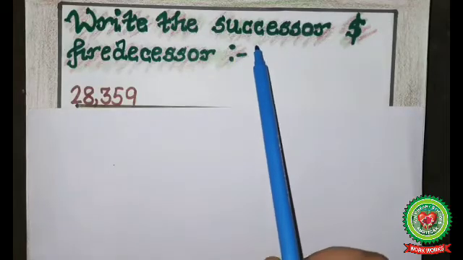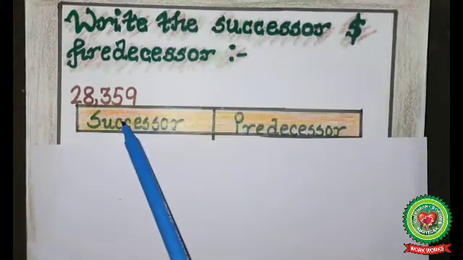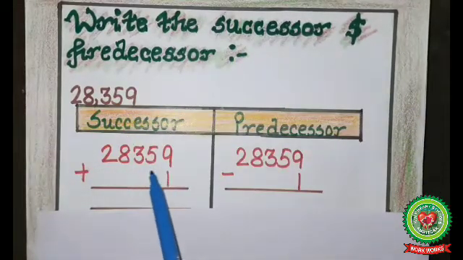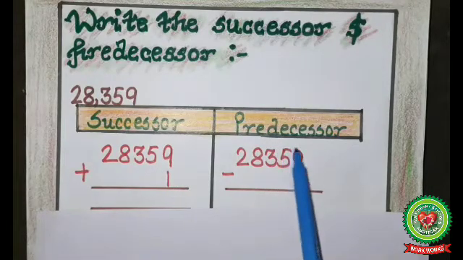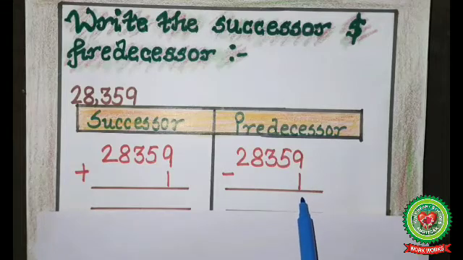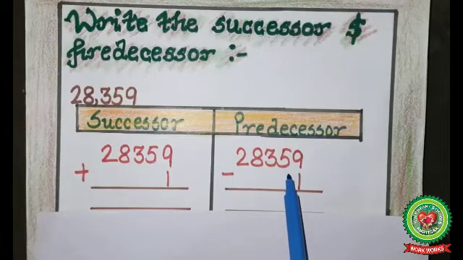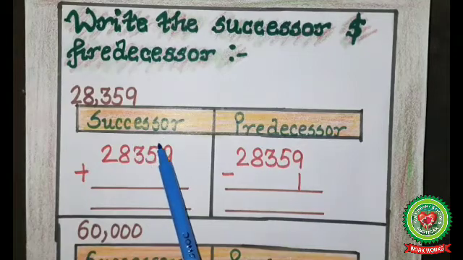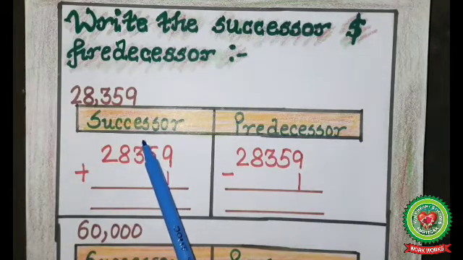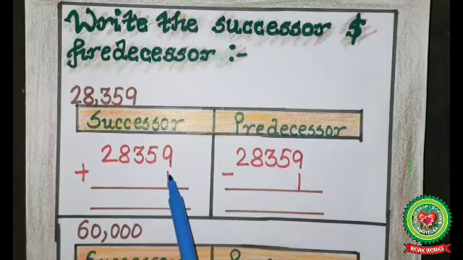For finding its successor, I will add 1 in the given number, and for finding its predecessor, I will subtract 1 from the given number. Now, let's find out successor. For finding the successor, we will add 1 in the given number.